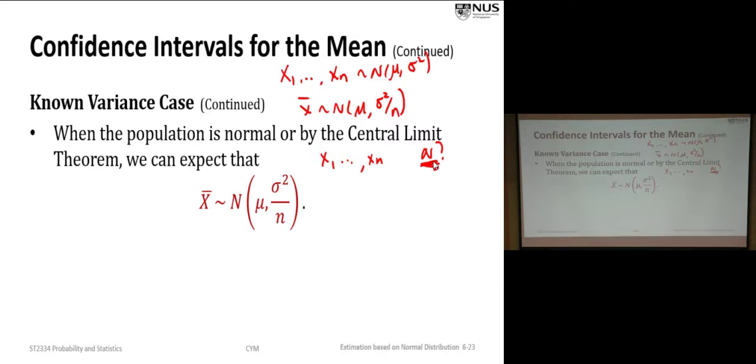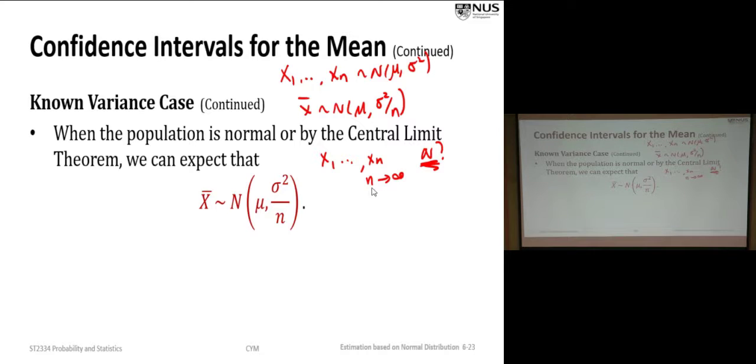But if n is big, and when we say big, it's bigger than 30, but it's not a rule cast in stone. Here we just use it as a reference. So whenever it's bigger than 30, you may consider it big. But maybe 29 is still considered big.